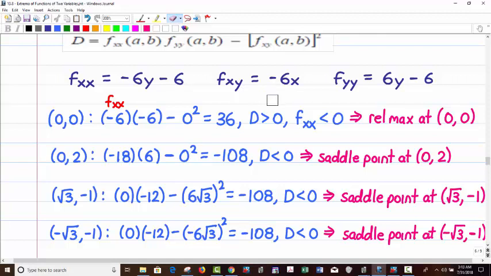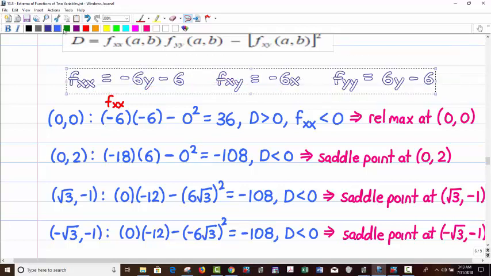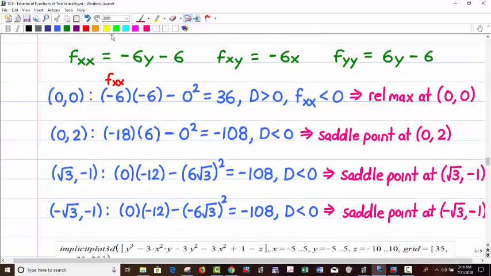All right, this time I have the 3 partials copied right here. So there are the 4 critical points: (0, 0), (0, 2), (root 3, negative 1), and (negative root 3, negative 1). Once you get those numbers, you just plug them in and see what happens.